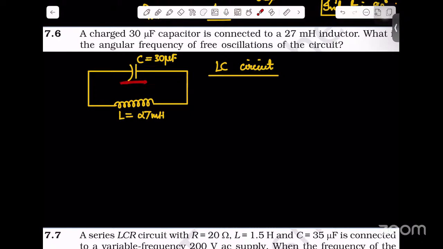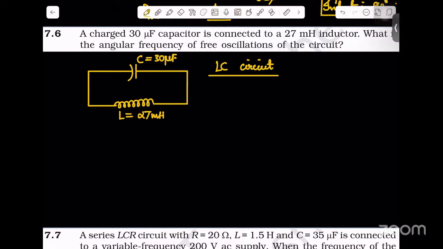As the capacitor is charged, charge will first flow from here to the inductor and back into the capacitor, right? The capacitor will get charged and discharged multiple times. That is known as the oscillation, not in a mechanical sense. So what is the angular frequency of those free oscillations?